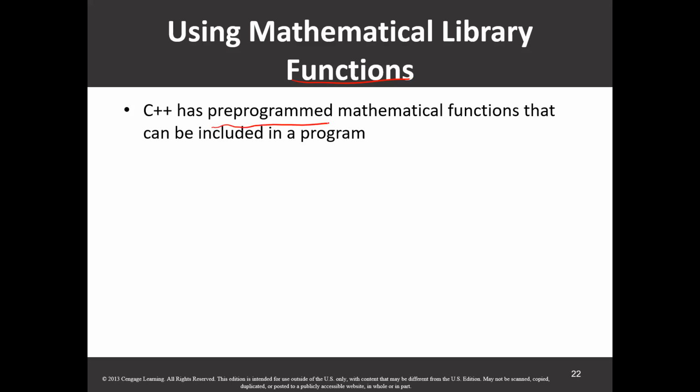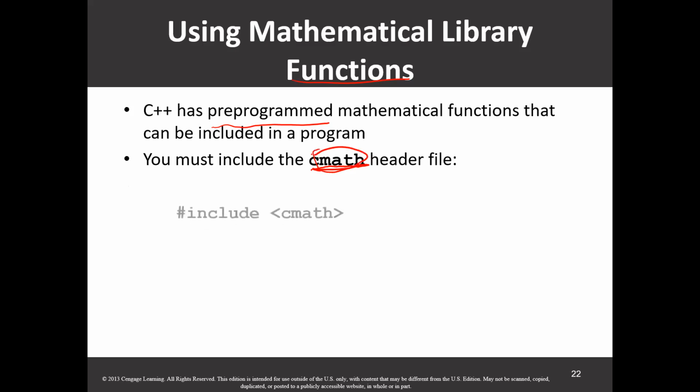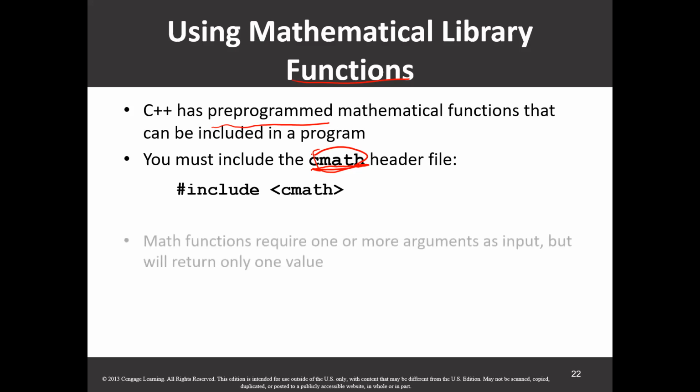Someone already programmed these functions and put them there for us, we can just call them. But here we get to know another header file called cmath. So in this class we introduced two new header files: first iomanip, for the number manipulators, and the second, for the mathematical functions, is cmath. And we're going to include it exactly like this, include cmath.